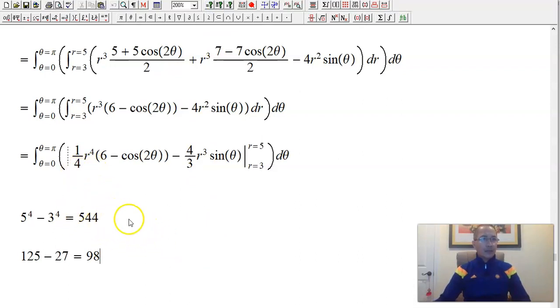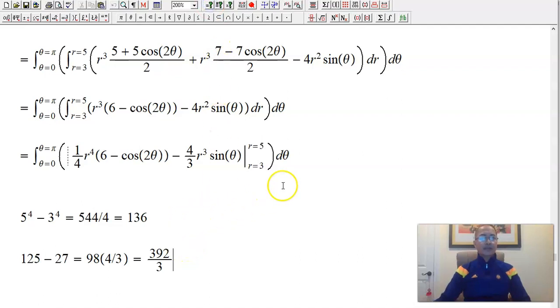So we're going to have 544. We might as well do the over 4 as well. We'll get 136. And then we need times 4/3. 98 is not divisible by 3, unfortunately. Times 4/3, we're going to get 392 over 3.